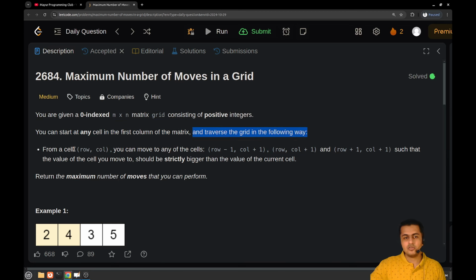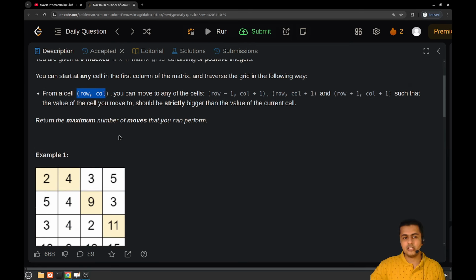From the current cell, from the first column that you would be starting from, you could move to any of the adjacent cells, and those adjacent cells are these cells.